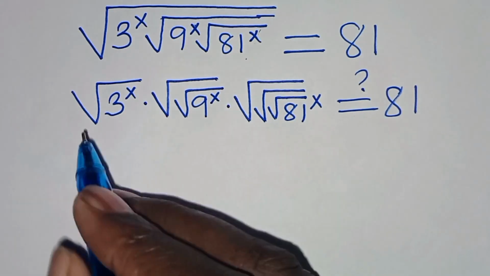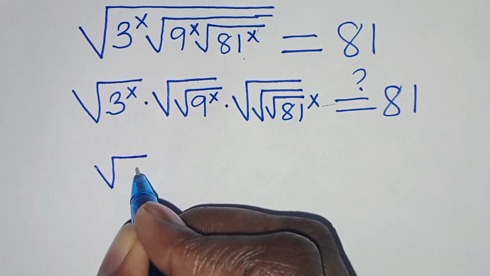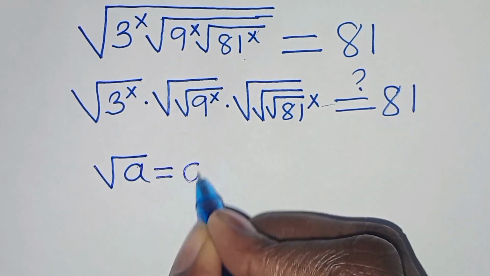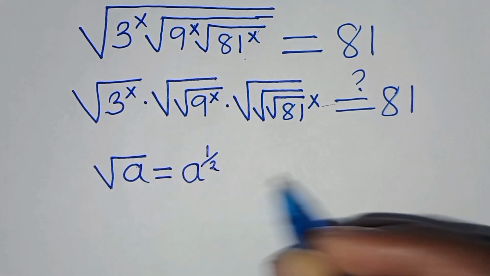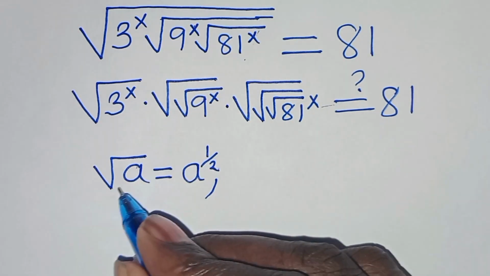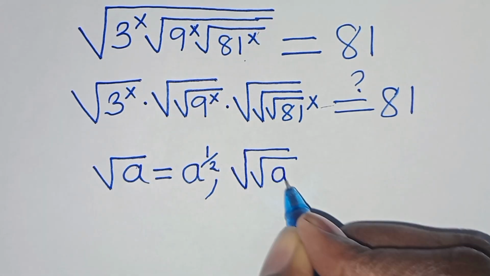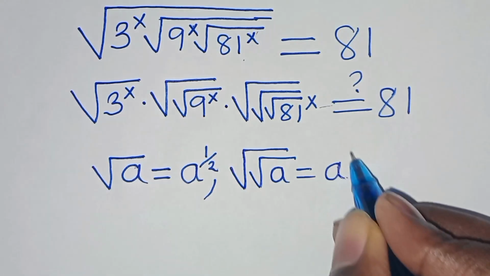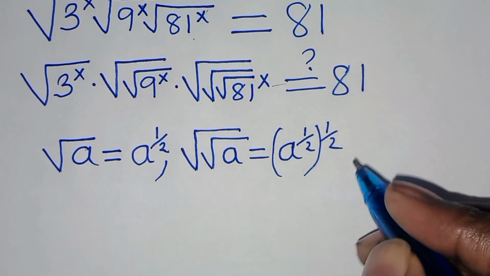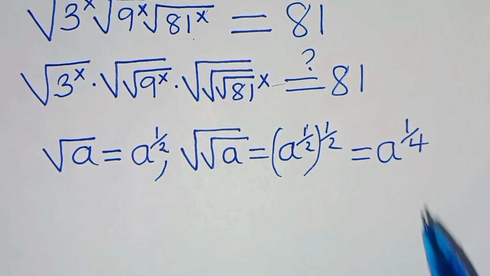The next step from here, if you have the square root of a, we can express this as a to power half. Now, if you have the square root and square root of a, this can be expressed as a to power half raised to power half, and this is equal to a raised to power a half times a half, which is 1 over 4.